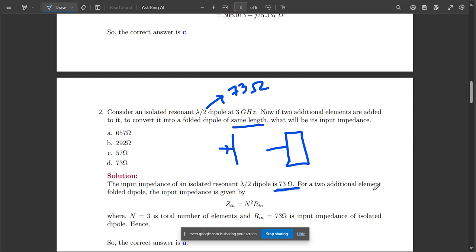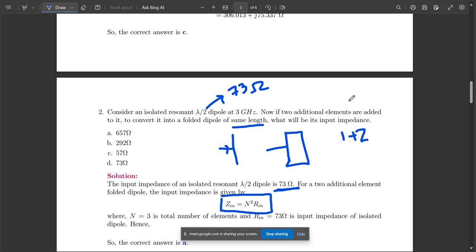Now, if two additional elements are added to make it a folded dipole, then the input impedance will be Z in equals N square R in, right? Here N is not directly given to you, but it is given that one element was already there plus two elements were added.